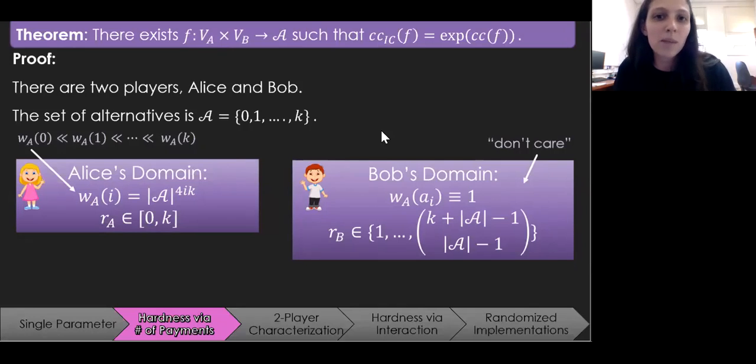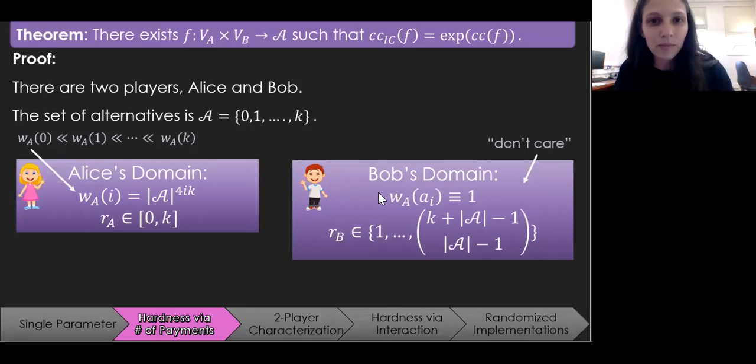No, this is not the number of items. It's an abstract alternative, but they are graded. There is always the least preferred, second least preferred, and so on. For Alice, 0 is the least preferred, 1 is more preferred, and so on. And for Bob, it is always constant, for each one of these alternatives.